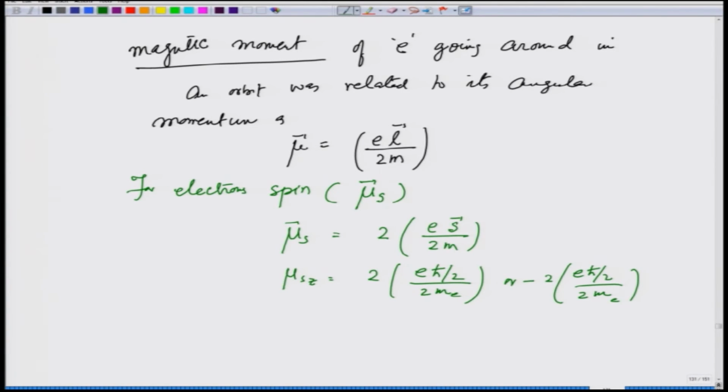So, this was called the gyromagnetic ratio, which is 1 for orbital angular momentum and 2 for the spin angular momentum.